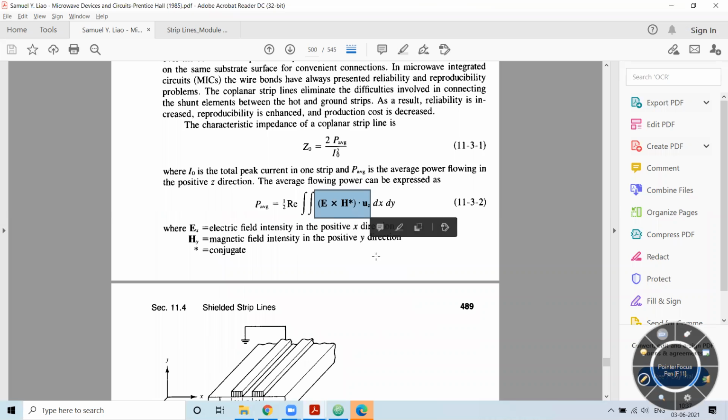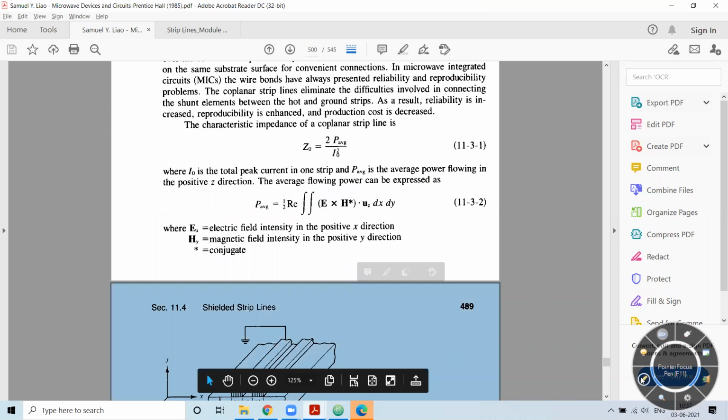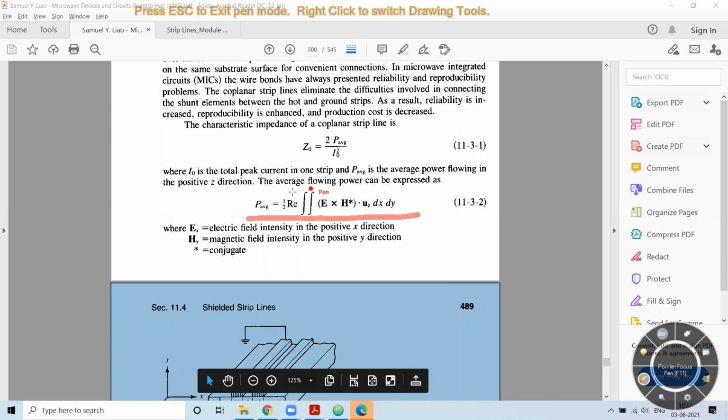So now here we have P average equal to half into the real part of this integration, in which it is the integration of the cross product of E and H conjugate and a unit vector along the z direction, and the differential integration is with respect to x and y.